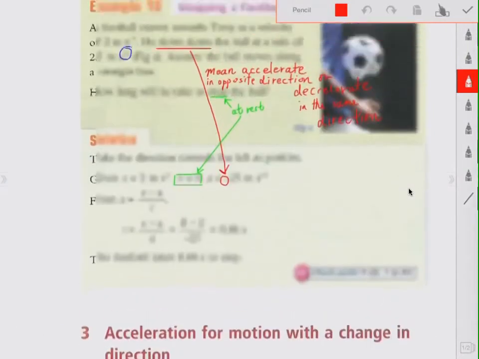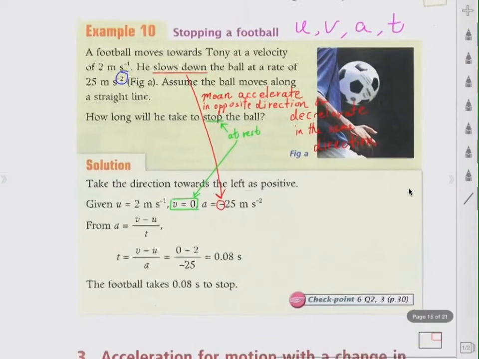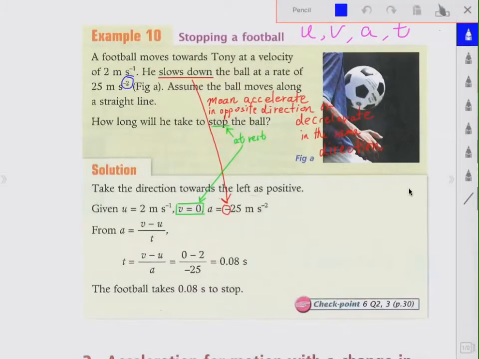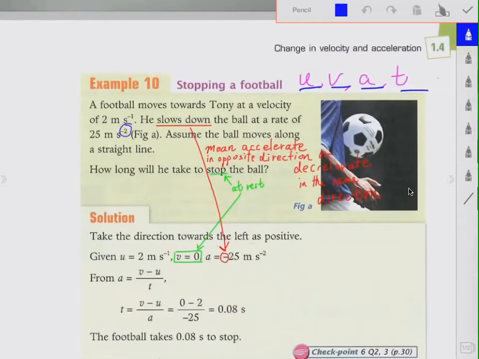Alright, next here is a common example in DSE. When you do this question, it's better to write down u, v, a, t beside it, and then write down the values one by one from the question. For example, a football moves towards Tony at a speed of 2 meters per second. This is the initial velocity, so I write down u equals 2.